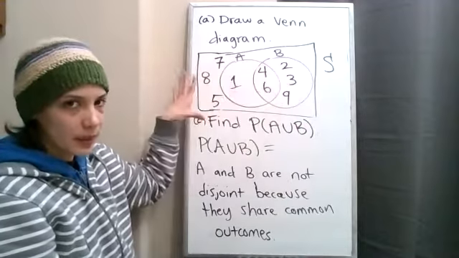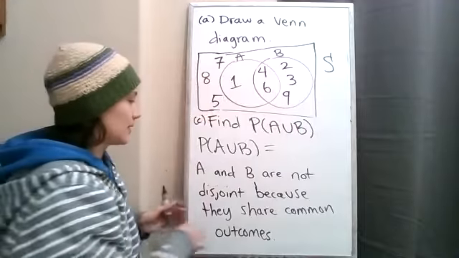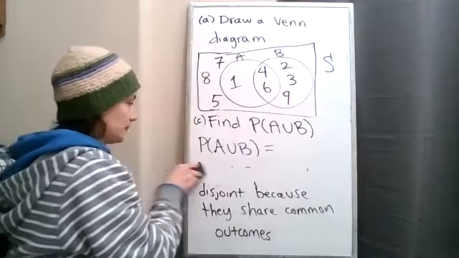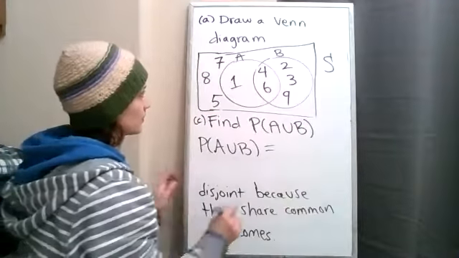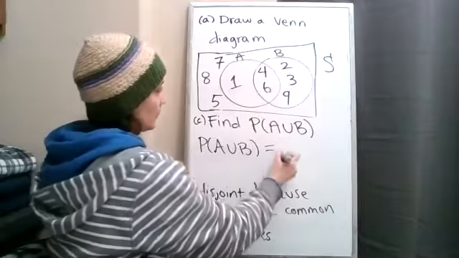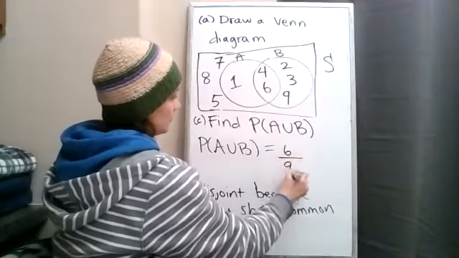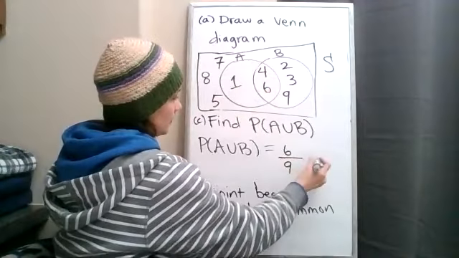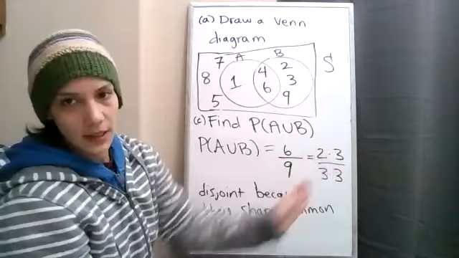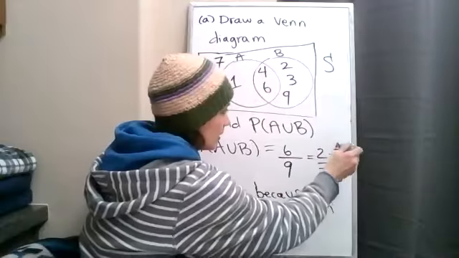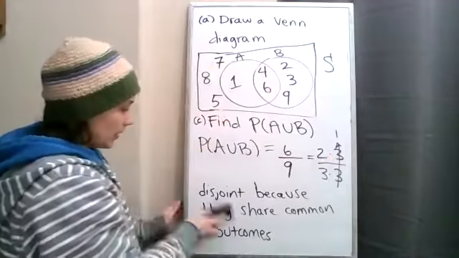And then divide by the total number of elements in the space. So 2 times 3 over 3 times 3. 3 over 3 reduces to 1. And we have 2/3.